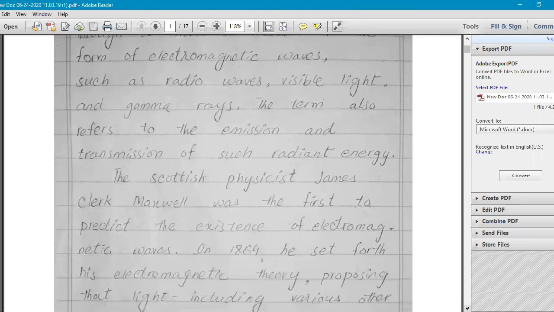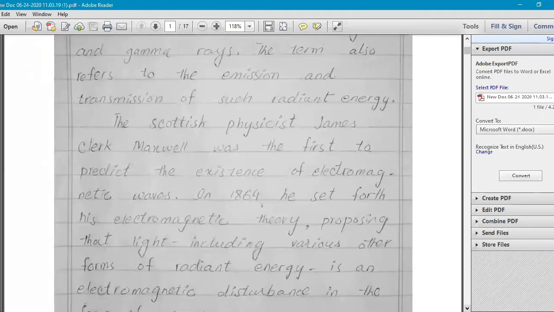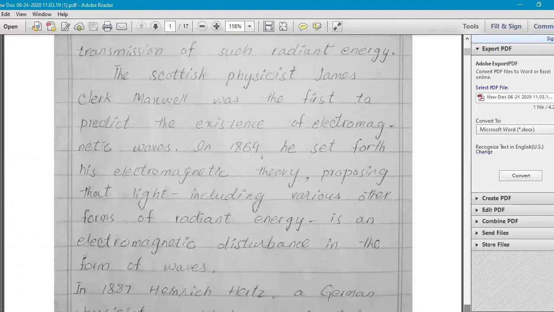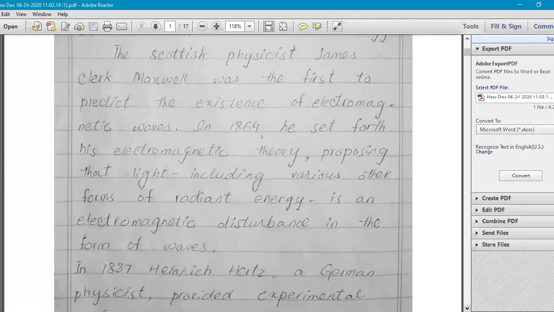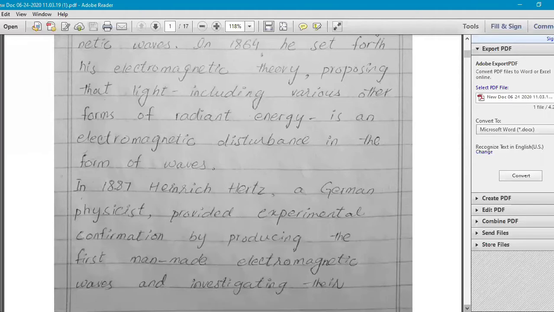The Scottish physicist James Clerk Maxwell was the first to predict the existence of electromagnetic waves. In 1864, he set forth his electromagnetic theory proposing that light, including various other forms of radiant energy, is an electromagnetic disturbance in the form of waves.